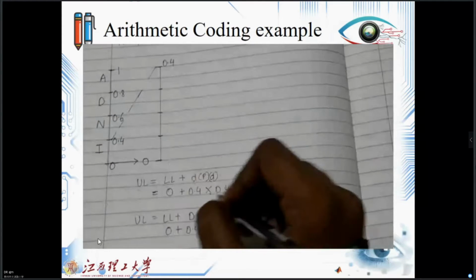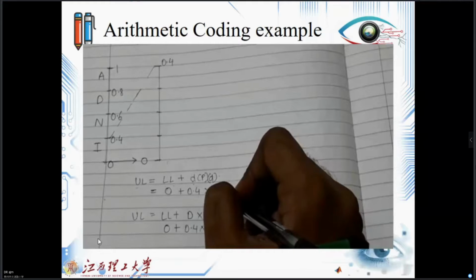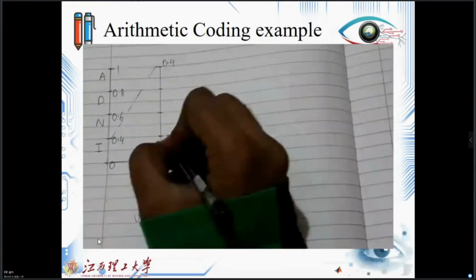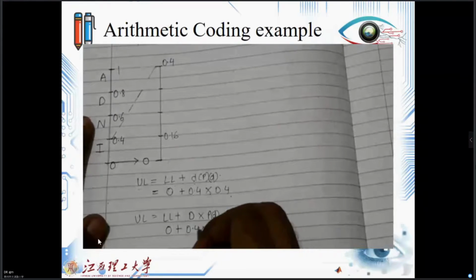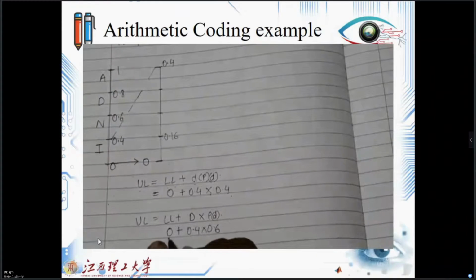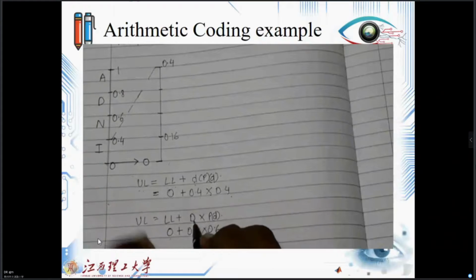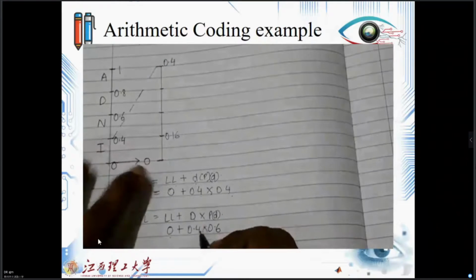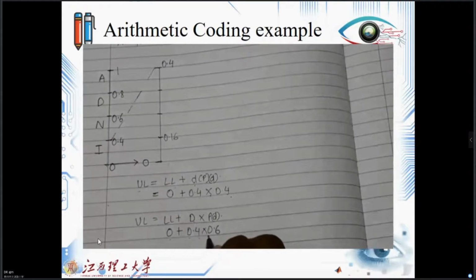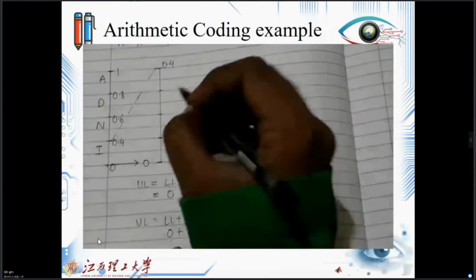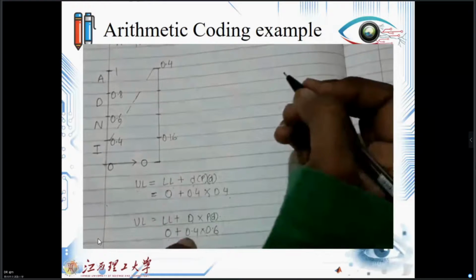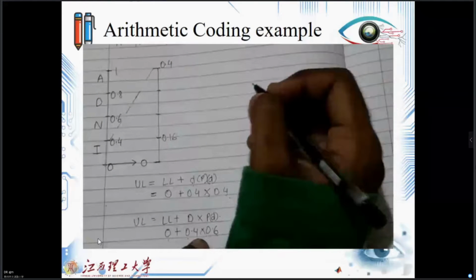This calculation will come out as 0 plus 0.4 times 0.4. Then again for the upper side, we have the difference again of 0.4 and 0.4. This is for N, and the probability is 0.6. Then we can put it here. 0.24 will be the calculation.